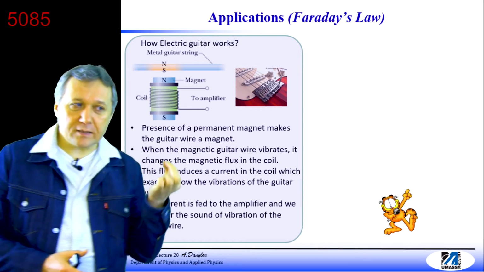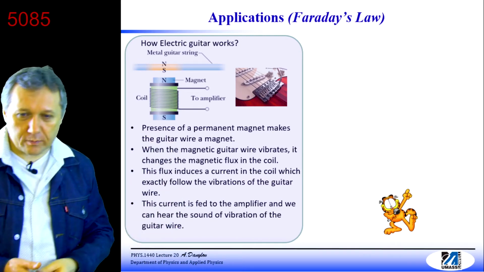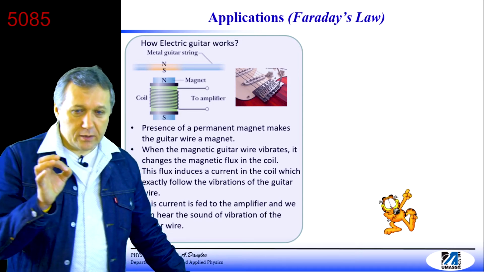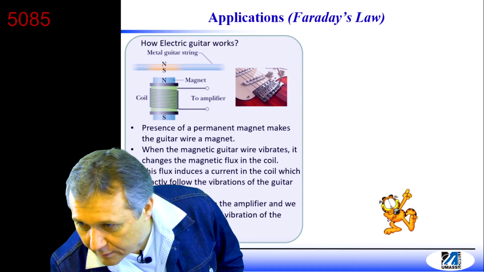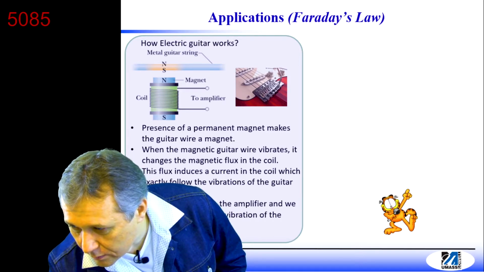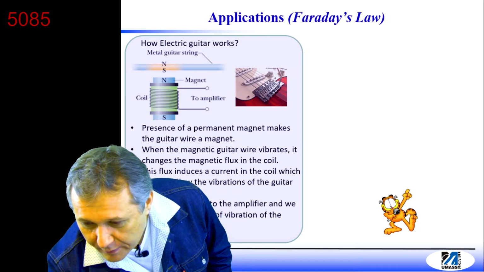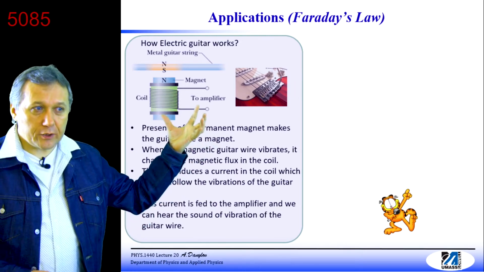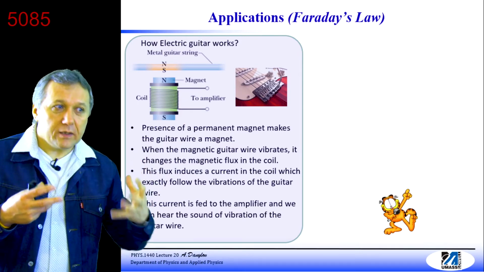And the string must be made out of magnetized material. Of course, we never talked about magnetized materials, but in simple words, if you expose that material to an external magnetic field, then that material starts behaving like a magnet.